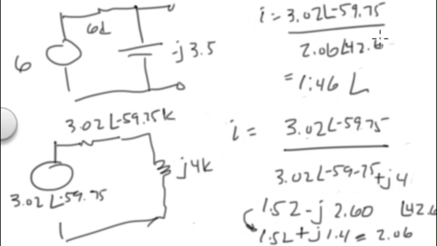It's minus 59.75 with a minus sign, minus 42.6, or minus 102.35 degrees. So this is one that goes way out. It's 1.46 at minus 102.35 degrees. That's our final answer right here. That's our I.